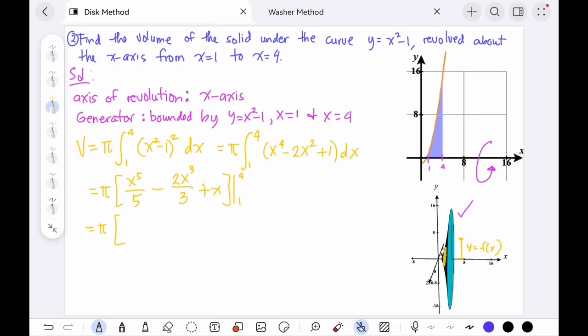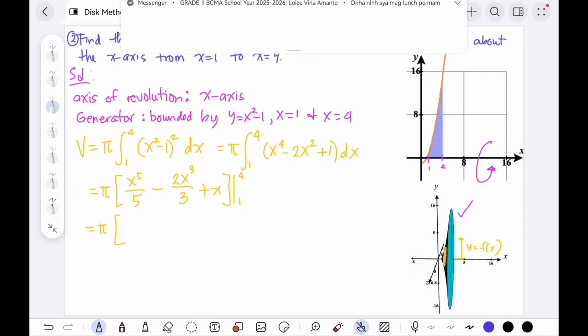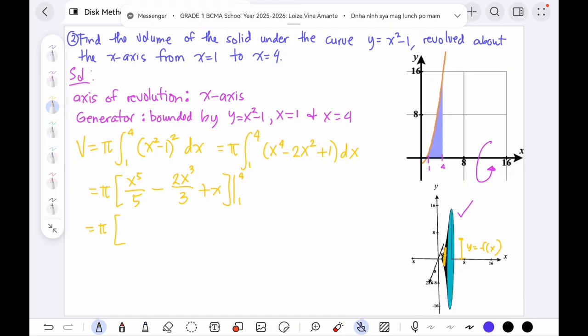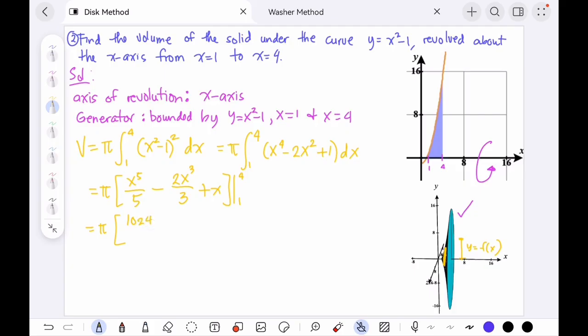Now, when x is 4, what is 4 to the 5? It's 1024 over 5 minus 64 times 2, so that's 128 over 3 plus 4.